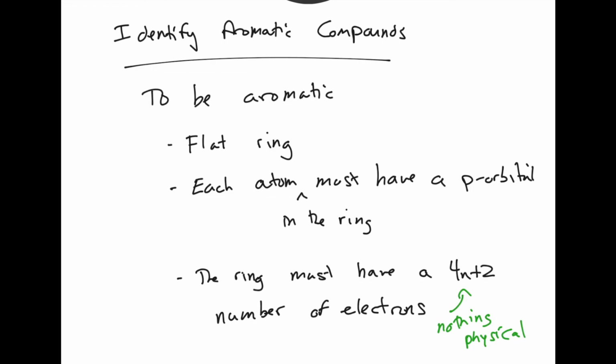If n is 1, it's 6. If n is 2, it's 10. So instead of memorizing each individual number, you can just count up your number of electrons and go, oh, I have 20 electrons. Is 20 a 4n plus 2 number of electrons? And you're like, no, right? Because if n is 4, I get 18. If n is 5, I get 22. 20 is neither of those numbers.